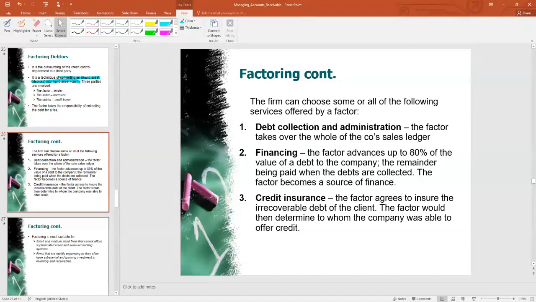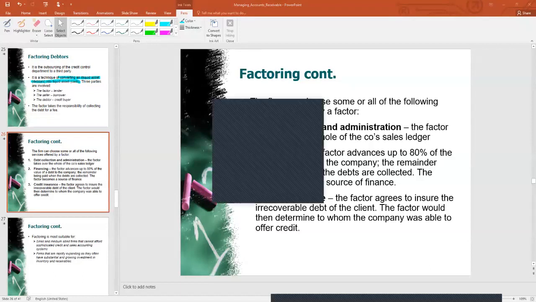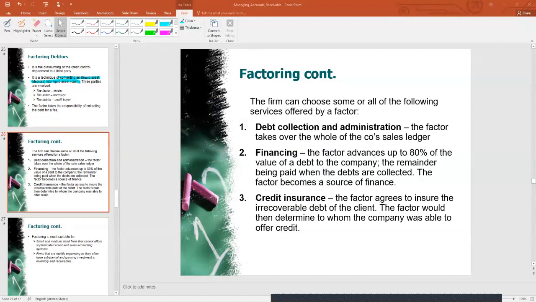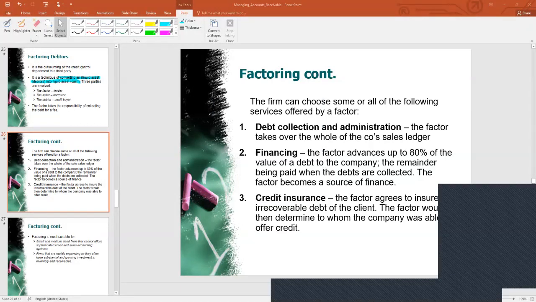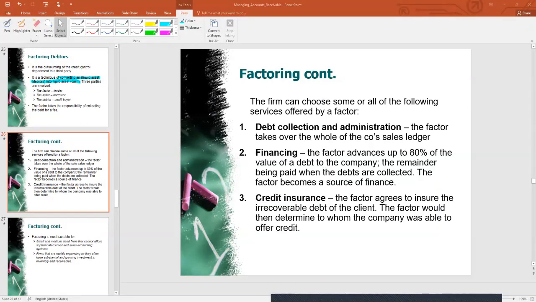Those are the three main services that the factor can offer. I hope it's all clear.